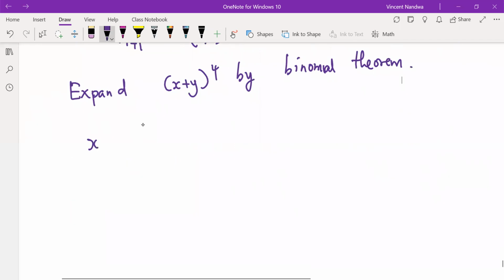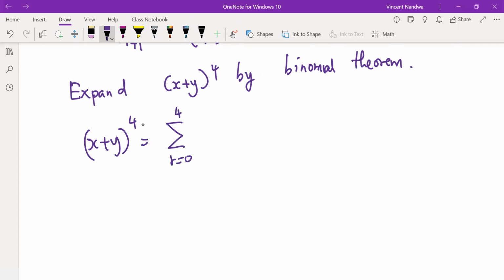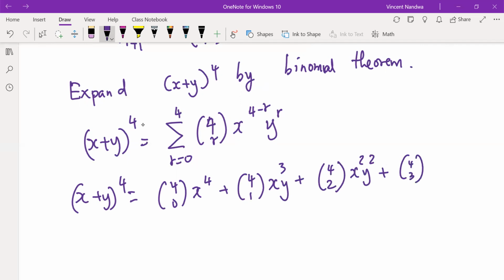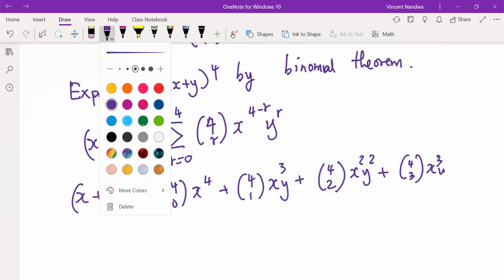So this will say x plus y power 4 equals summation r from 0, n is 4, then 4 combination r, x power 4 minus r, y power r, which means x plus y power 4 would be the same as 4 combination 0, x power 4 plus 4 combination 1, x power 3 y plus 4 combination 2, x power 2 y squared plus 4 combination 3, x power 4 minus 3, which will be 1.